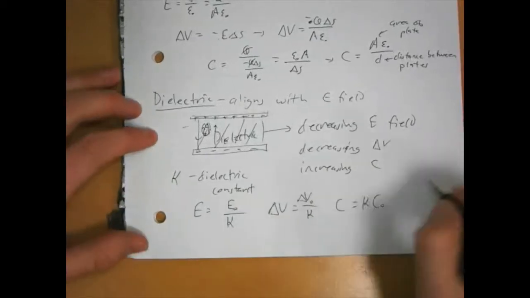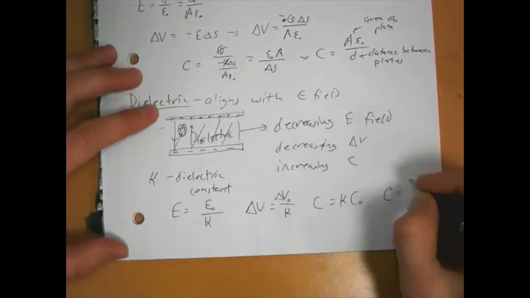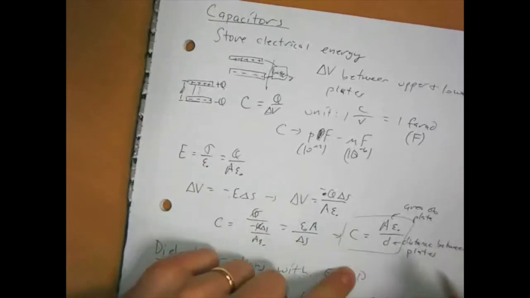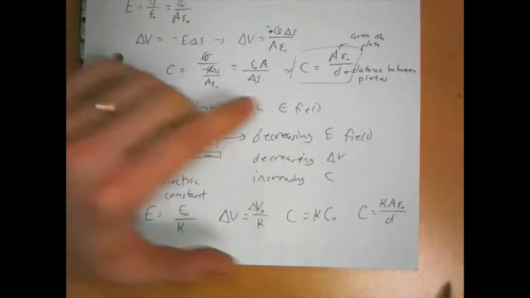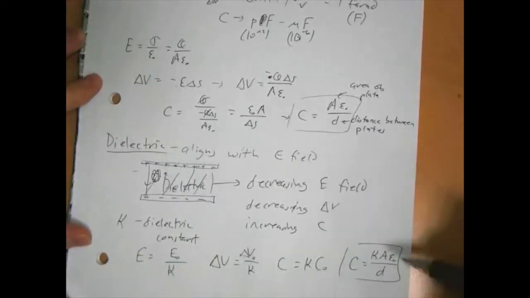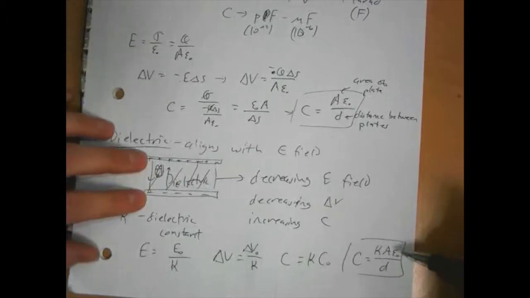So for a parallel plate capacitor, the capacitance is equal to the constant times the area times epsilon naught over d, just plugging into the equation for capacitance. One interesting thing to note from both of these equations is that capacitance doesn't depend on anything other than the geometry of the plates.